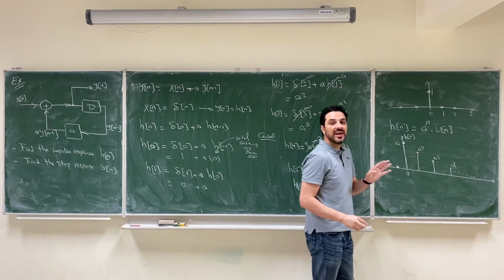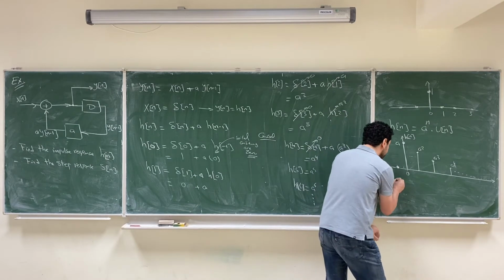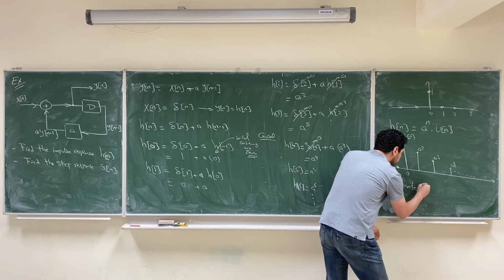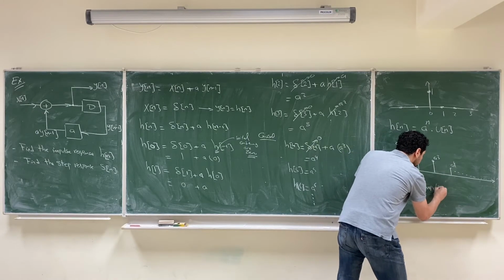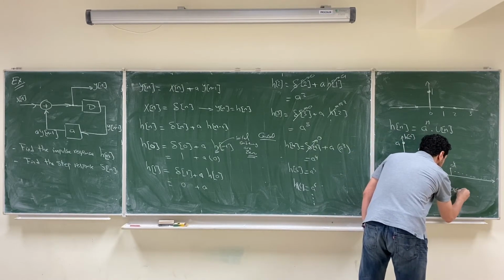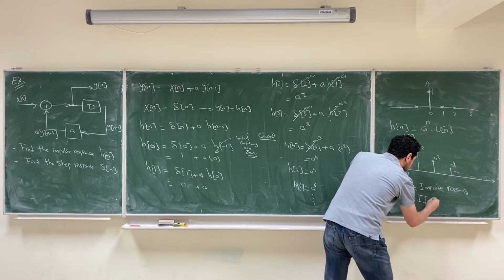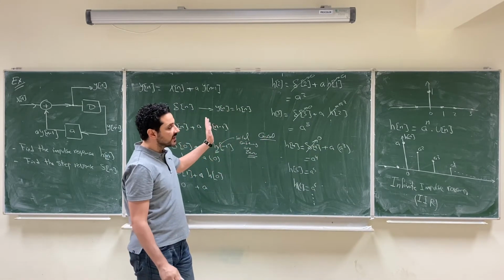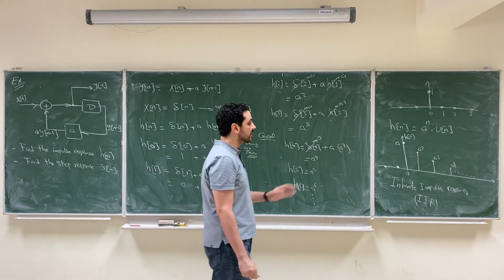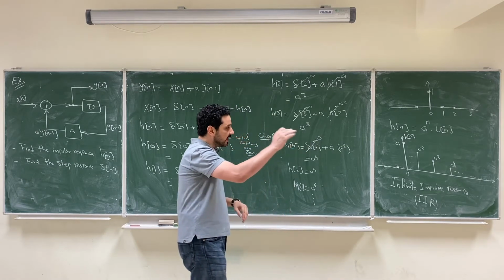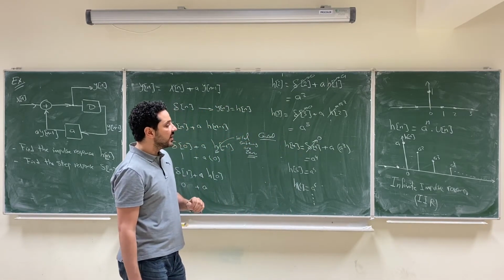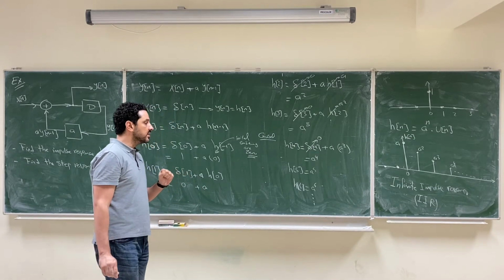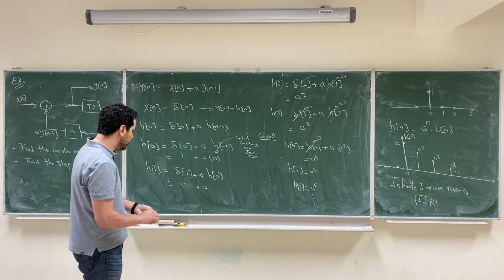This is what we call infinite impulse response, IIR. Okay? So here our impulse response has an infinite number of samples, infinite number of delta functions. So we call it infinite impulse response. Here we calculated the impulse response and found it's a to the power n, u of n.